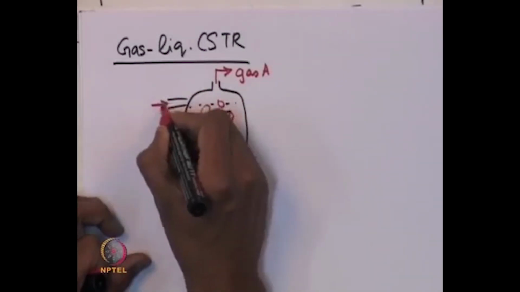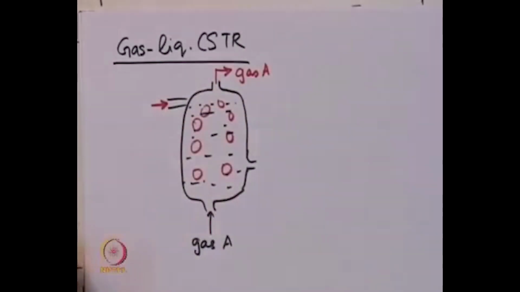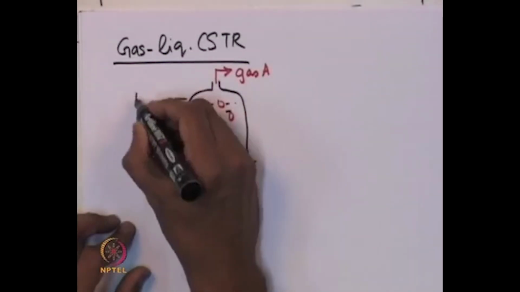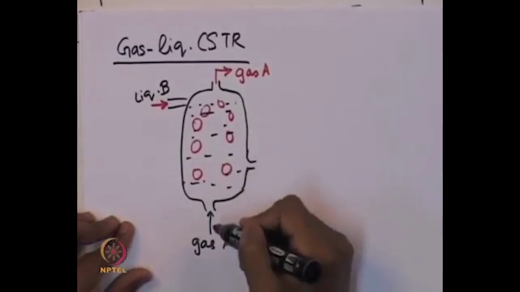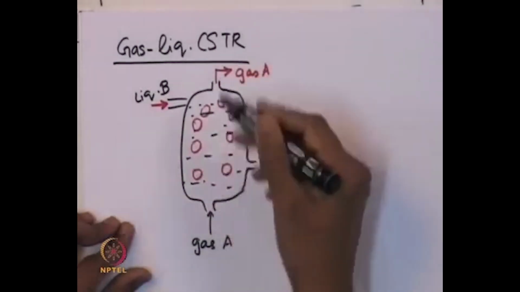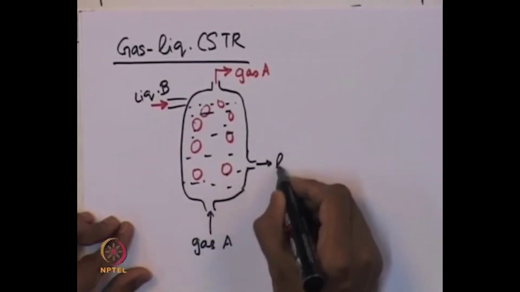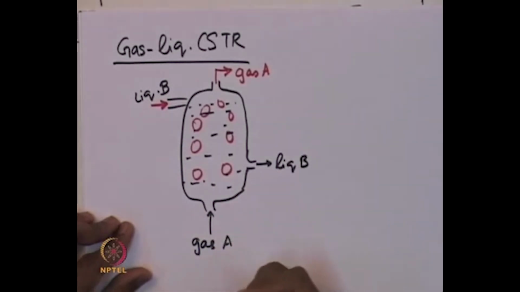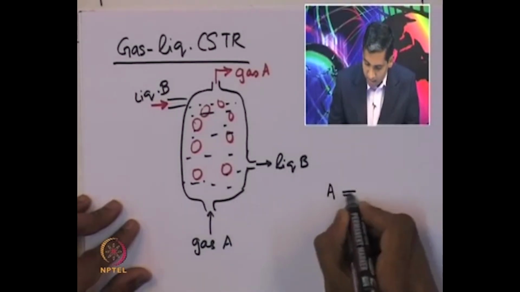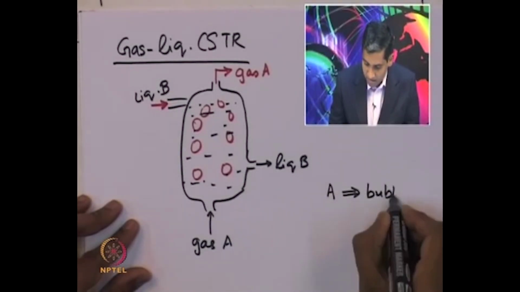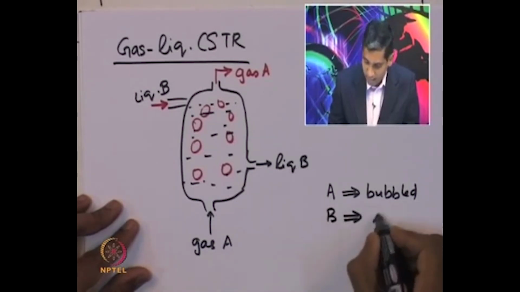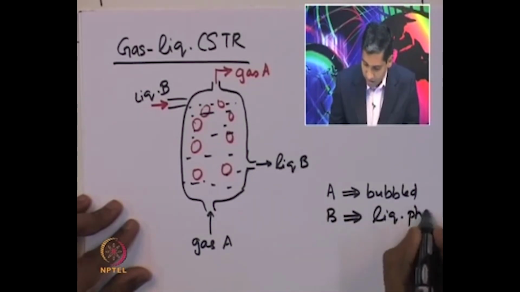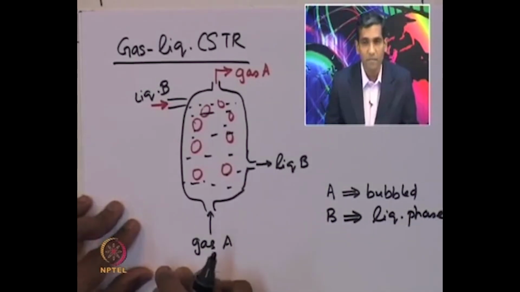Now, suppose there is a liquid B which is flowing through this reactor, and the gas is simultaneously bubbled through this liquid. The liquid leaves from the exit stream for the liquid. So, species A is being bubbled, and species B is the liquid phase going through the reactor.